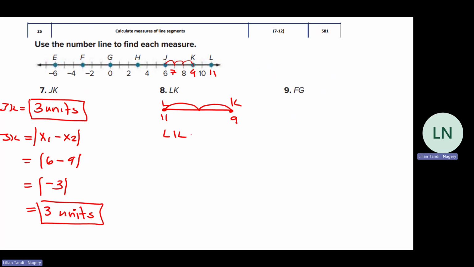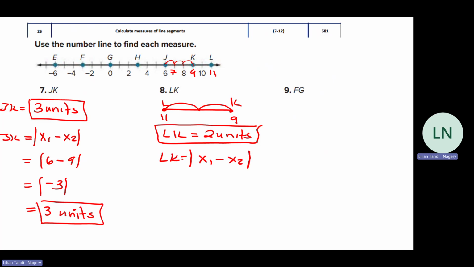L to K is 2 units. Didn't I do this question at some point? I think I did this question. Okay, let's do LK, absolute value x1 minus x2. Remember, you should always know more than one way so that you can use both ways to check your work. 11 minus 9, absolute value of 2, which is 2 units.